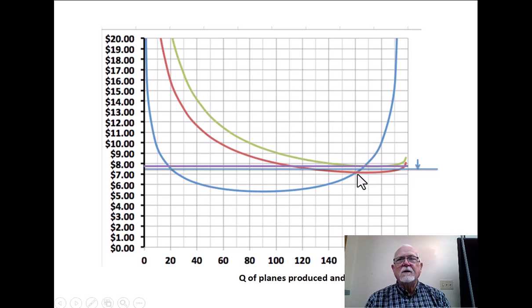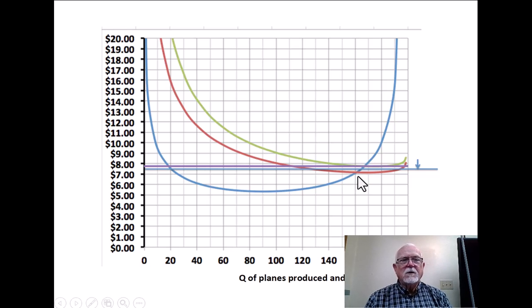How do we know that? As long as the price that they're getting for the good is greater than the average variable cost, which it is. Average variable cost would be right off this lower curve, and the price is higher than that. So at least they're covering some of their overhead.